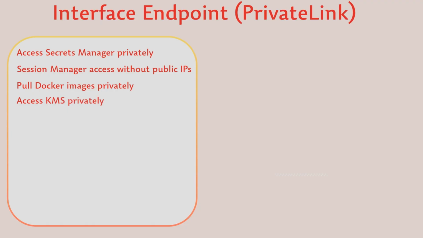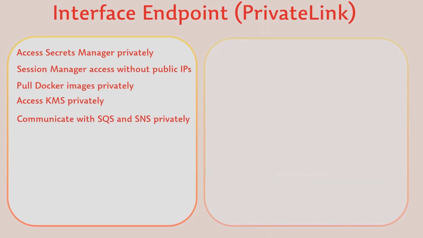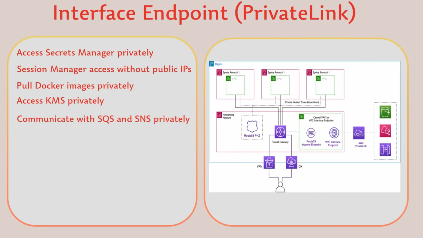Applications encrypt and decrypt data without traversing the internet. It communicates with SQS and SNS privately. Microservices can exchange messages without public connectivity. It reduces the NAT gateway traffic. Many enterprises use S3 gateway endpoint, ECR interface endpoint, and Secrets Manager interface endpoint to significantly lower NAT gateway cost.